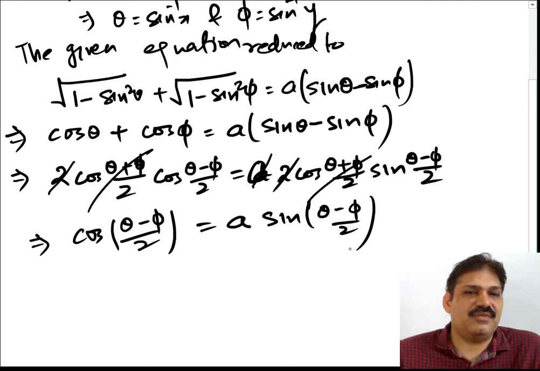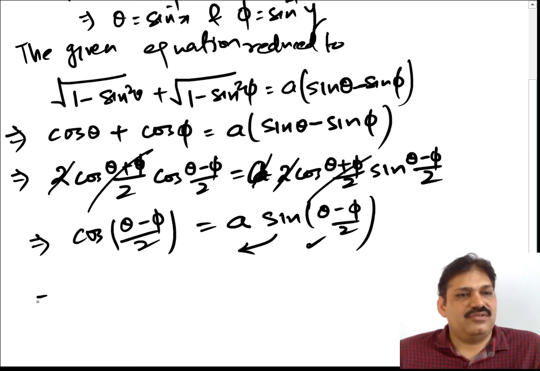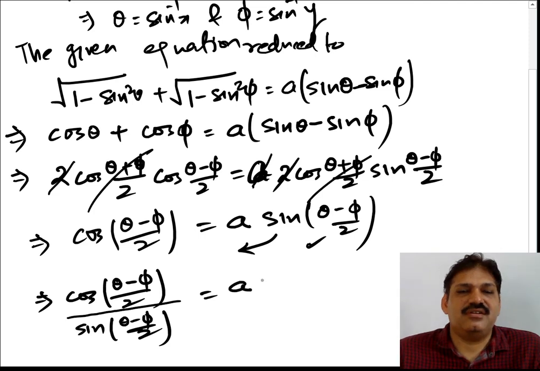We can see the argument is same, the angle is same. We divide both the sides by sine of theta minus phi by 2. So this gives us cos of theta minus phi by 2 upon sine of theta minus phi by 2 is equal to a, which is a constant.